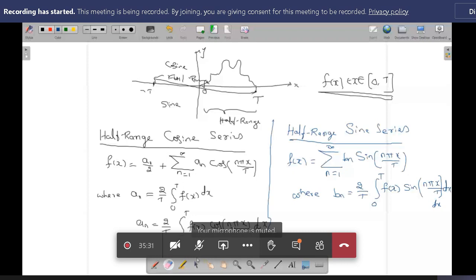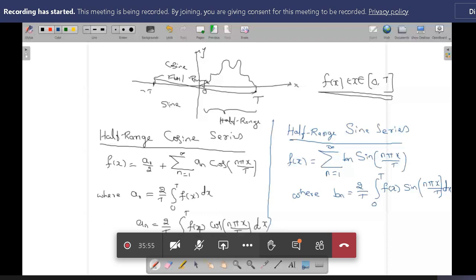So the intention is that you can extend a given function in a half range to the full range, either as an odd function or an even function. So in other words, odd function means half range sine series, even function means half range cosine series.